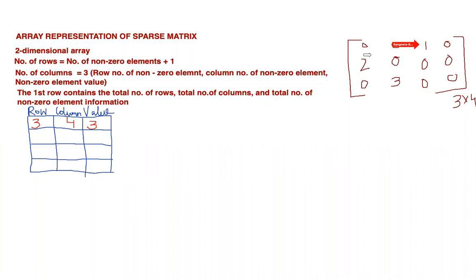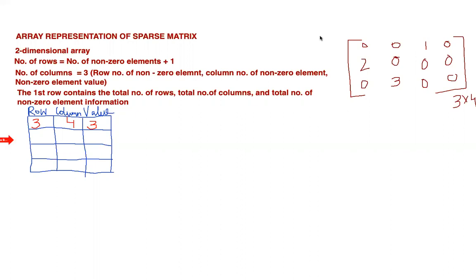Now always remember, whenever we are representing it, we are going to start from 0. We have already seen the indices start from 0. So this is 0, 0, 0, 1, 0, 2. So it is in the 0th row, second column.